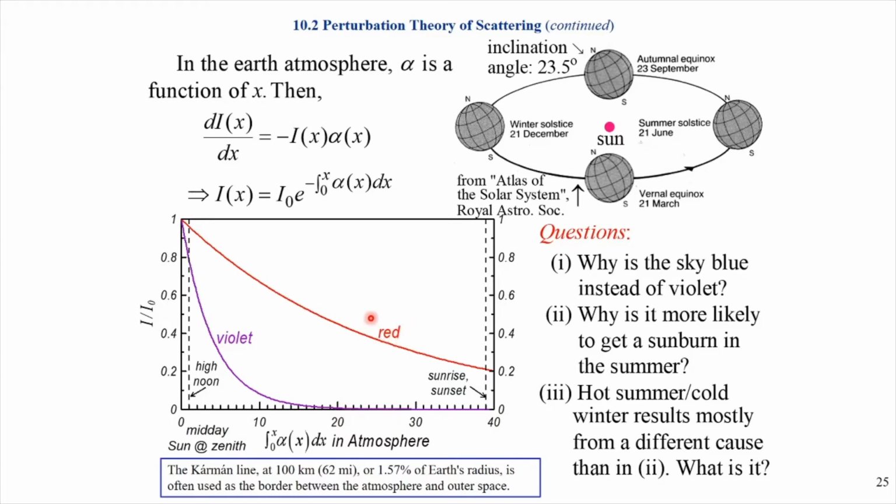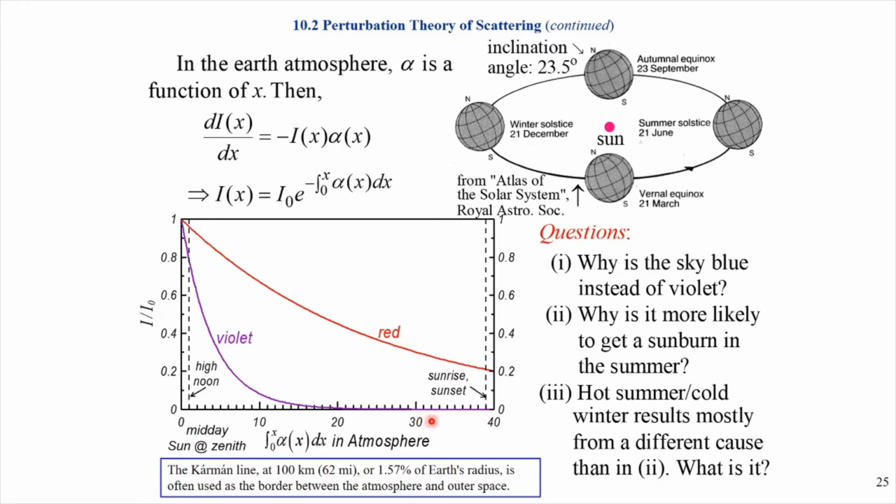Only the red light can penetrate the atmosphere and reach your eye. So here you can see only the red light. Here, no blue light, no violet. That's why at sunset and sunrise, you see the redness of the sky.